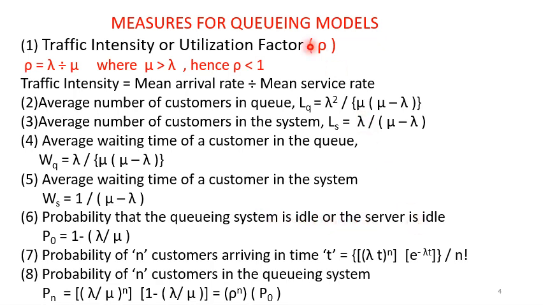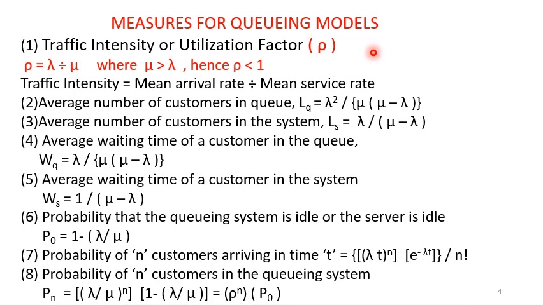For example, if the utilization factor rho, the traffic intensity, is equal to 0.8 or 80%, that means the system is busy for 80% of the time.